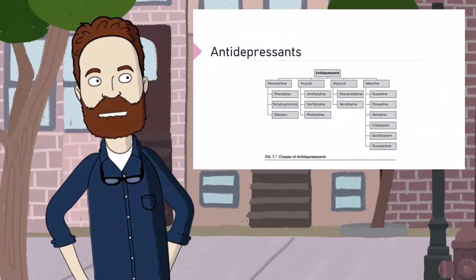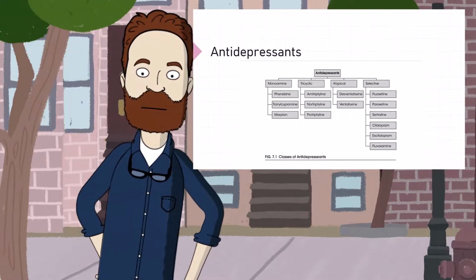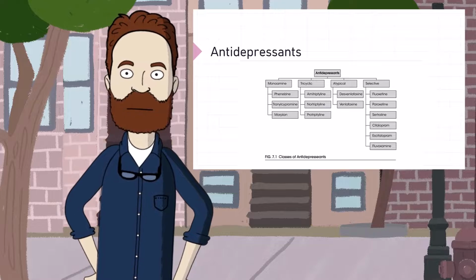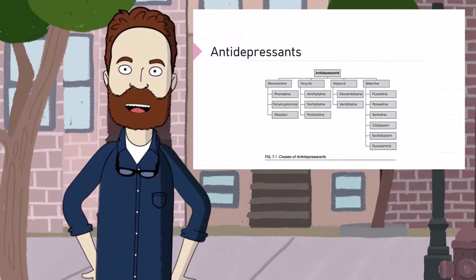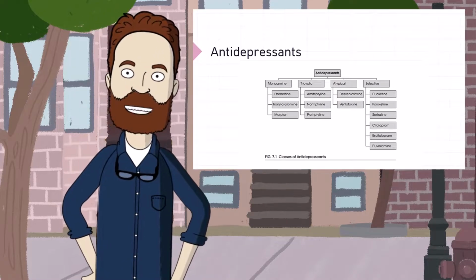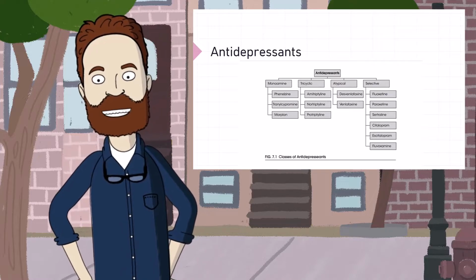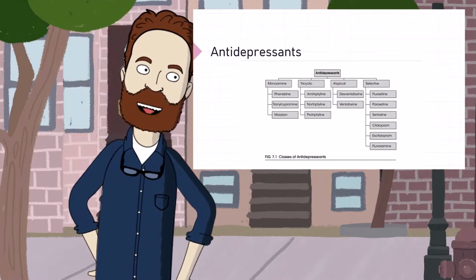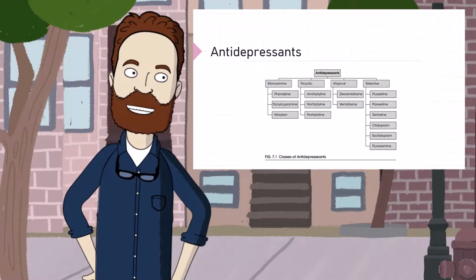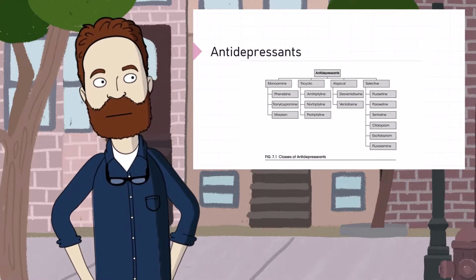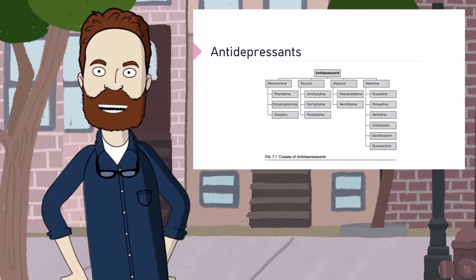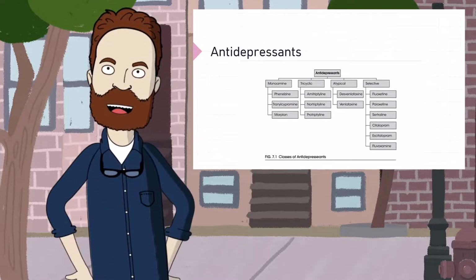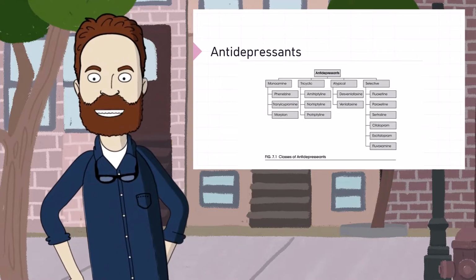Now, when we want to think about treating major depressive disorder, we could think about using antidepressants. And there are different categories of antidepressants. There's monoamine antidepressants. There's tricyclic antidepressants. There's also atypical antidepressants. And there's also selective serotonin reuptake inhibitors. And we'll talk more about all these medications in just a few minutes here.